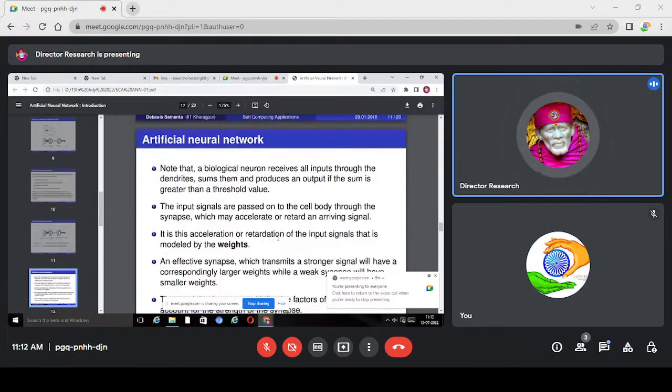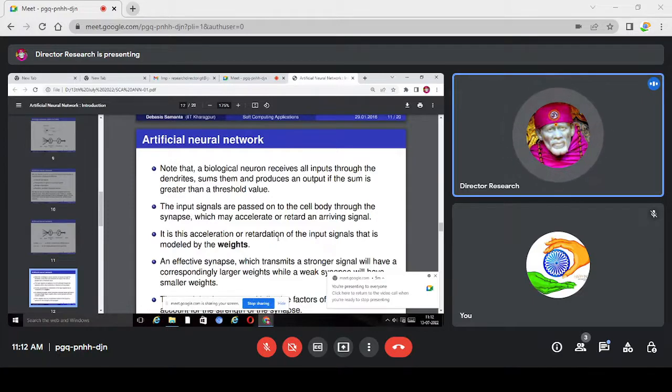Note that a biological neuron receives all inputs through the dendrites, sums them, and produces an output if the sum is greater than a threshold value. The second point, the input signals are processed in the cell body through the synapse, which may accelerate or retard an arriving signal.